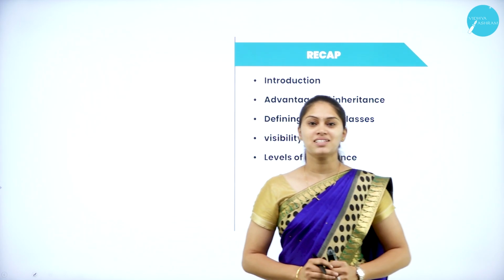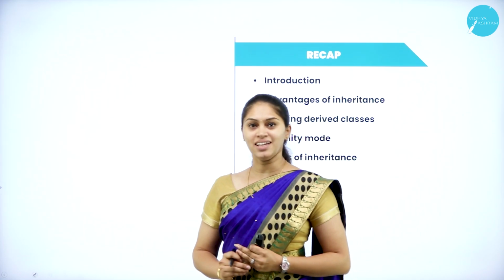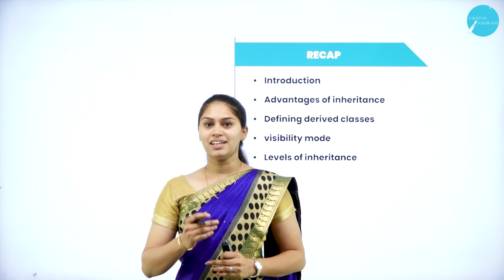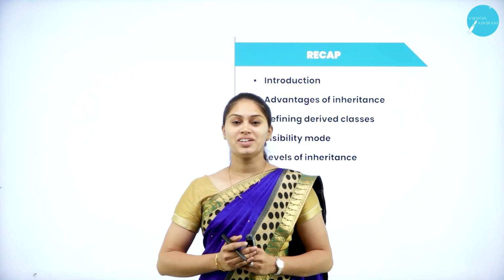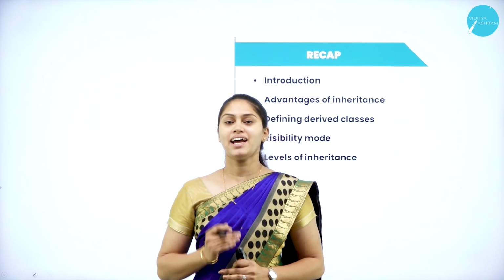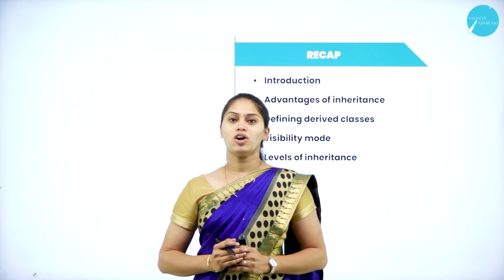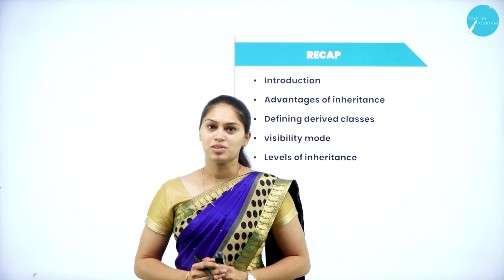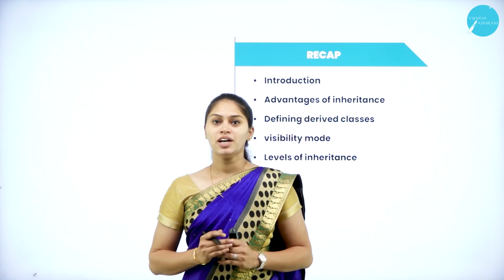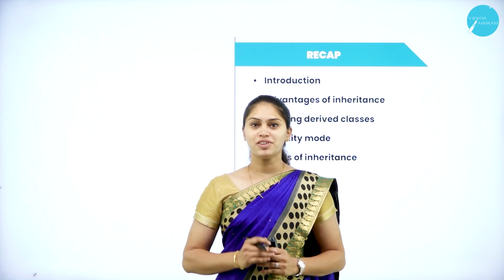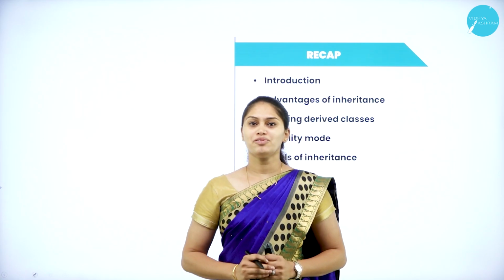After that, I discussed the needs of using inheritance, that means the advantages of using inheritance. Then I discussed visibility mode. There I discussed whether it is publicly derived, privately derived or protectedly derived. And the next main important topic is levels or types of inheritance.